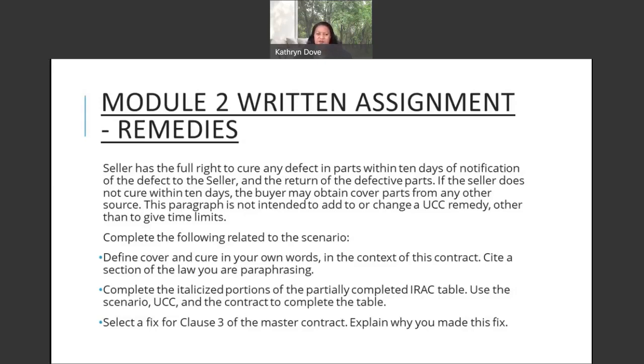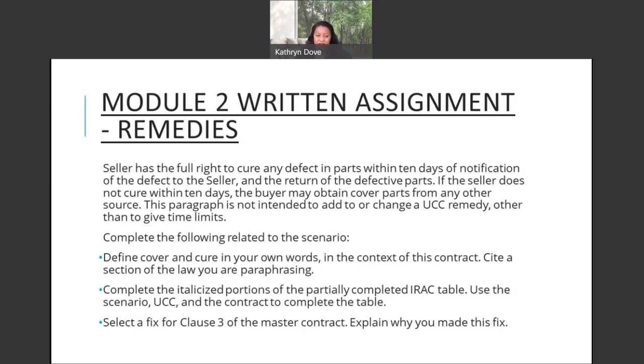So the following questions need to be answered by you in your Module 2 written assignment. Define cover and cure under the UCC in your own words. Within the context of this contract, be sure to cite the UCC provision that you're paraphrasing.